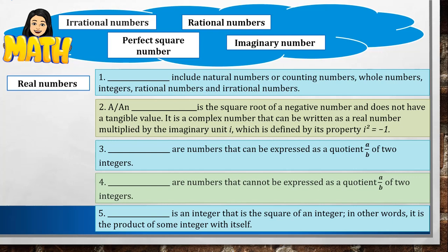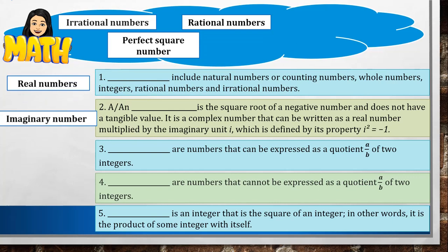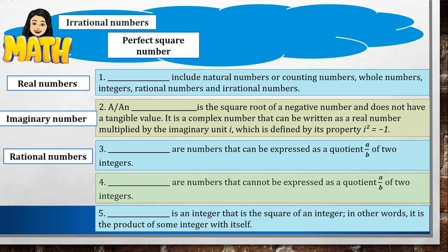It is a complex number that can be written as a real number multiplied by the imaginary unit i, which is defined by its property i squared equals -1. If your answer is imaginary number, you are correct. Number 3. Blank are numbers that can be expressed as a quotient a over b of two integers. The answer is rational numbers.